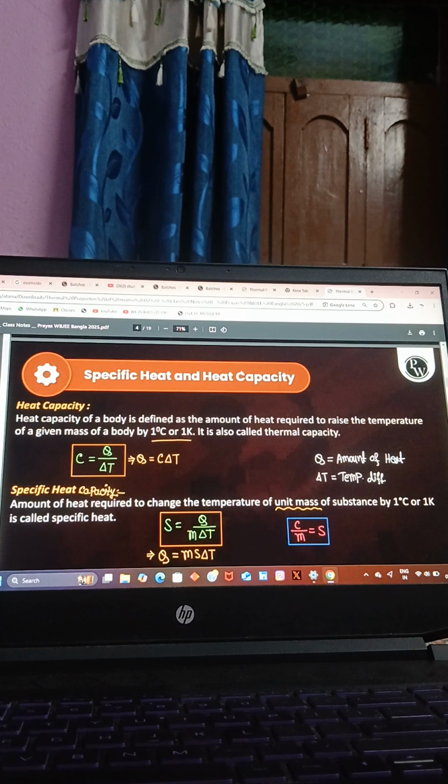It is also called thermal capacity, equal to delta Q by delta T. Specific heat: the amount of heat required to change the temperature of unit mass of a substance by 1 degree centigrade or 1 Kelvin is called specific heat.